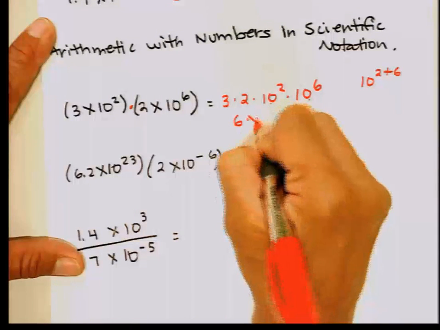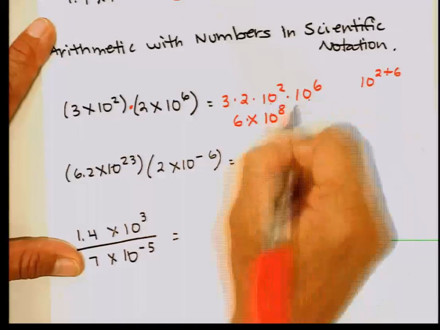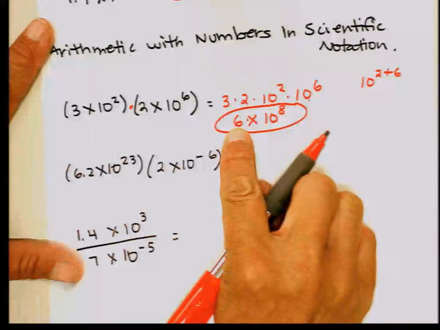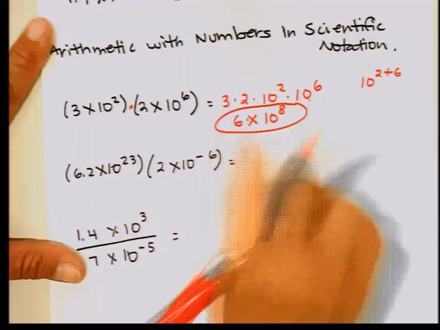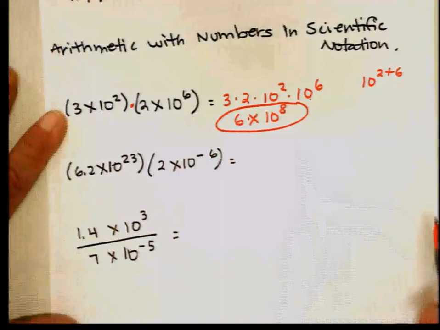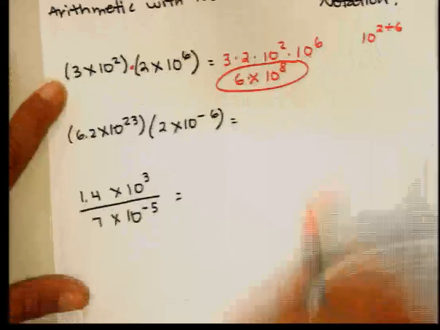So 6, I'll go ahead and do my x again, times 10 to the 8th. The number in front is between 1 and 10, so I don't have any little finagling at the end, right? I don't have to do any extra tidying to make sure my answer is also in scientific notation. But that's not going to be the case down here on this next one. So let's take a look.